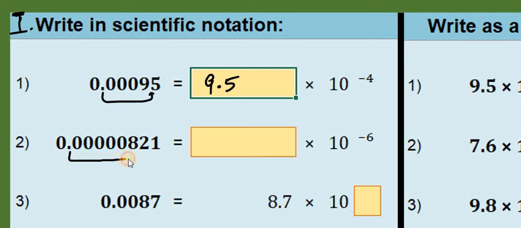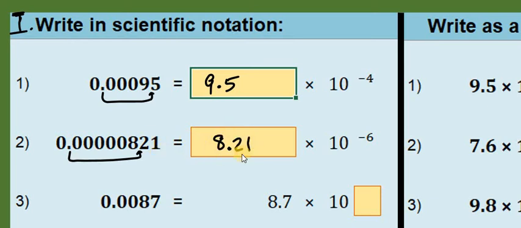This one, we're going to shift the point until we have a number between 1 and 10. So it's going to be 8.21. What do we do with all these zeros? Well, it would not matter in this case, because once we put a point between the 8 and the 2, the zeros before the 8 will not matter.